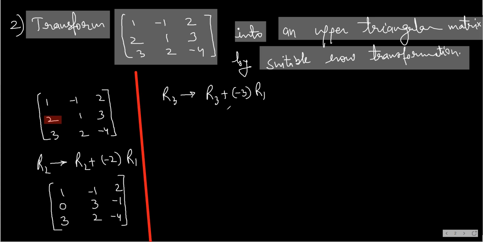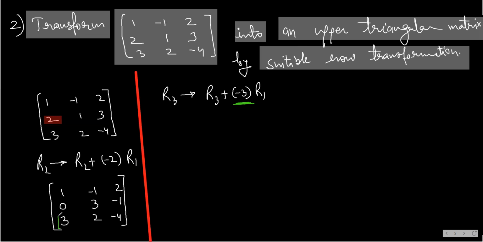See, this time I'm writing minus 3R1. Why? Because if I multiply minus 3 here, it will become minus 3, and adding it here, it will become 0. So how do I understand minus 3 I want?